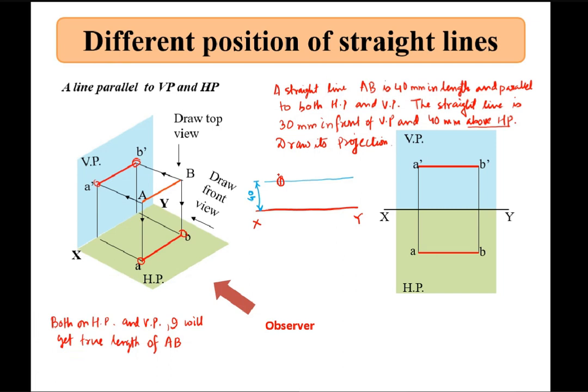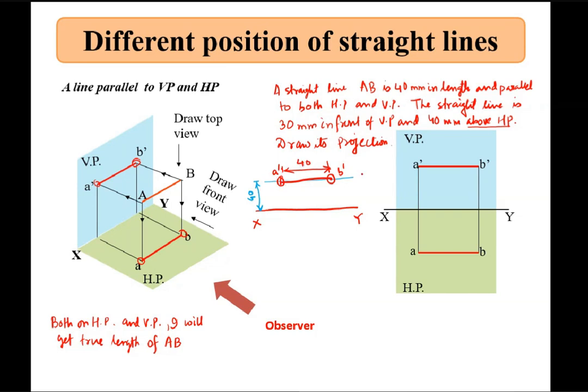Say this is my point A dash. Length is given as 40 mm, so this will be B dash. I join it using an HB pencil. This will be 40. Clear? Is it okay?